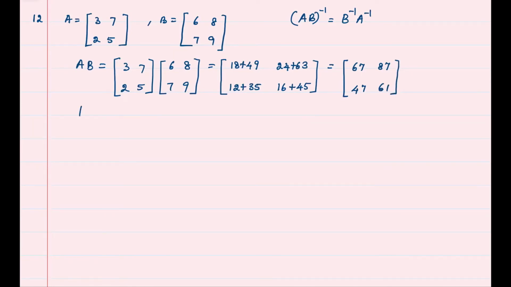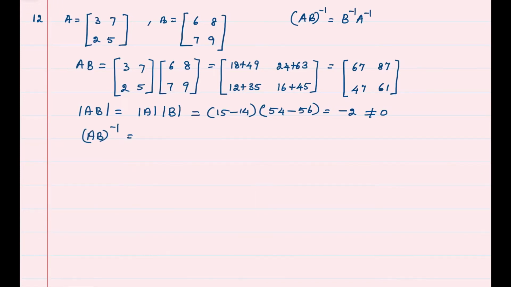We will find determinant value of A into B. We know the result that determinant of AB is determinant of A into determinant of B. Determinant of A is 15 minus 14 and determinant of B is 54 minus 56. 1 into minus 2, which is minus 2. This is not 0, so we can find inverse of AB.